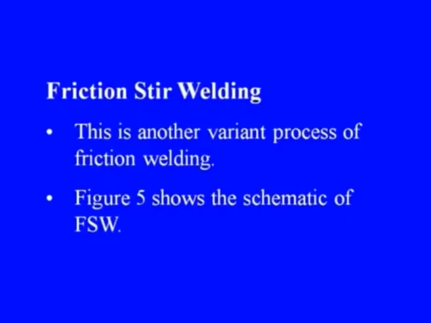Now, let us move on to another process, that is friction stir welding. This is in fact a variant process of friction welding, and we can see the schematic of this process on the screen.